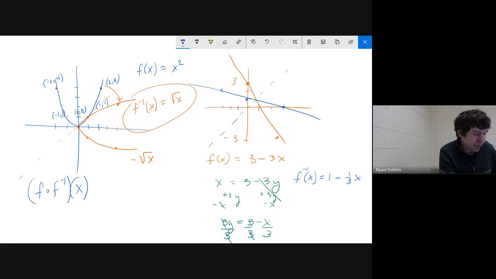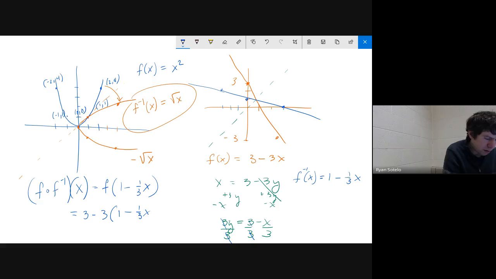So if I apply the inverse function first, I get f of 1 minus 1/3 x. And then I apply what the function is, which is 3 minus 3 of the input, which is now this, from what the other function did.